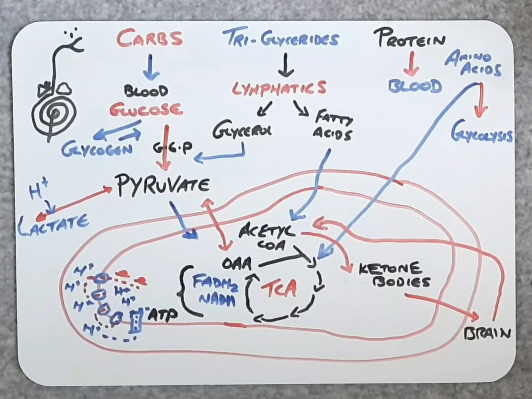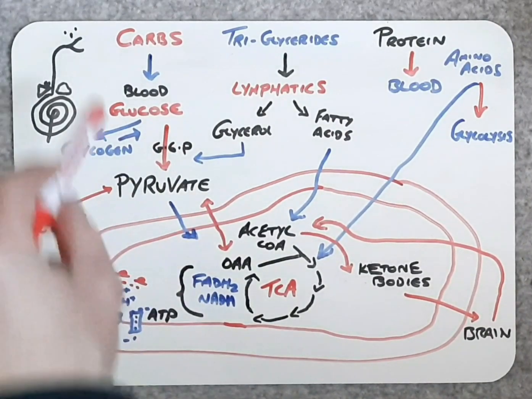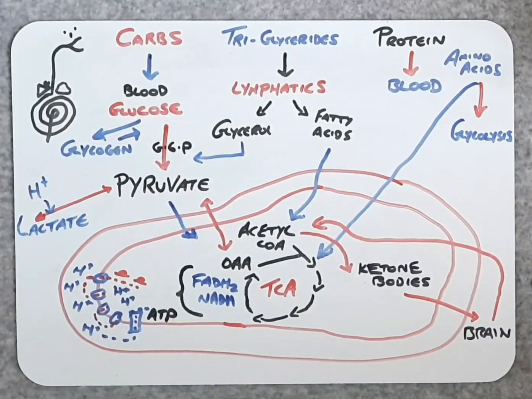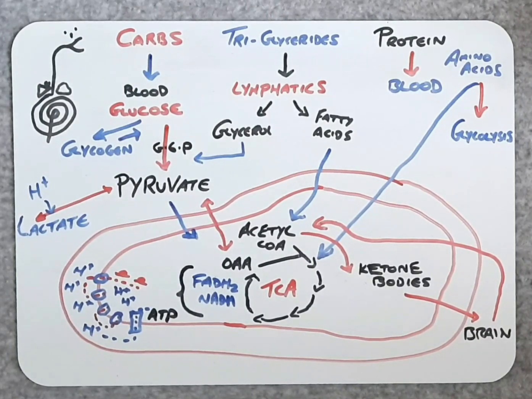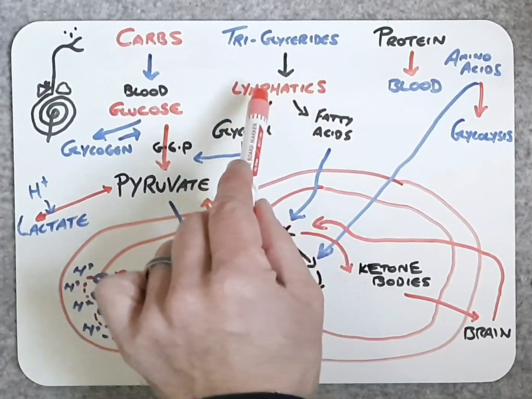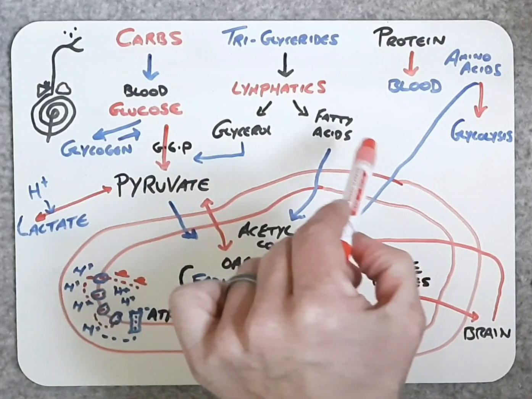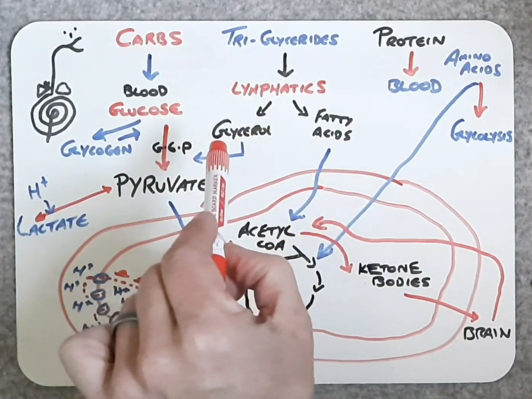Now, what about if we don't have carbohydrates? What about if none of this process on this side can happen? Well, you say none of it. Quite a lot of it will happen without carbohydrates. In fact, the triglycerides that we eat, fat, basically goes into the lymphatic system, and then that is broken down into fatty acids and glycerol.